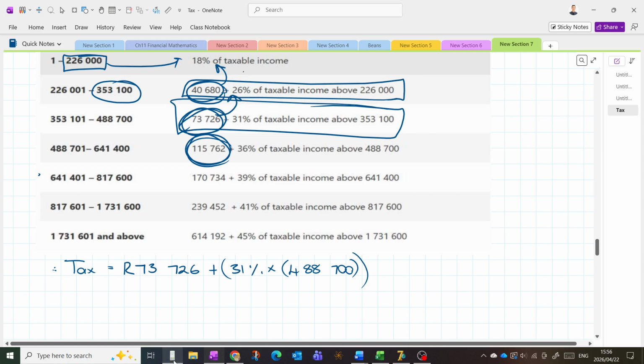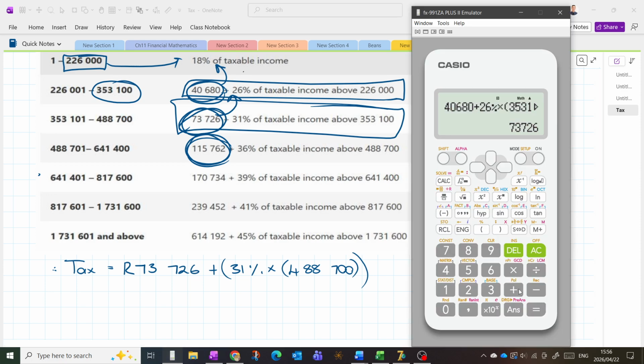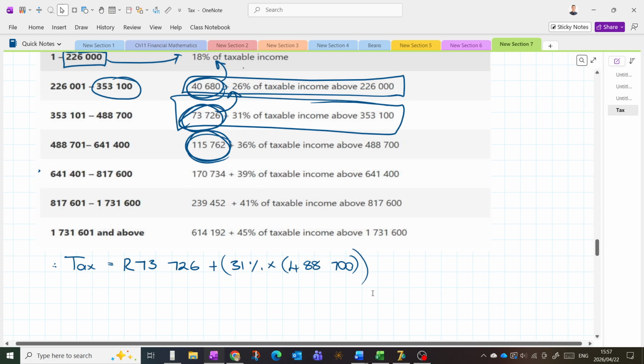Okay. So let's take that. That's the answer I've got there. We just need to add the 31% of 488,700. Oh, sorry. Not the amount I need to use, I still need to subtract the bottom end.